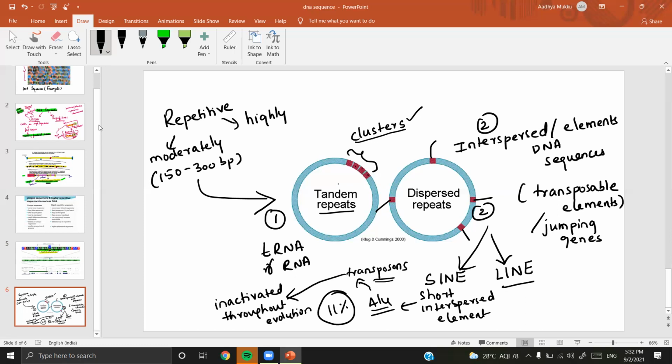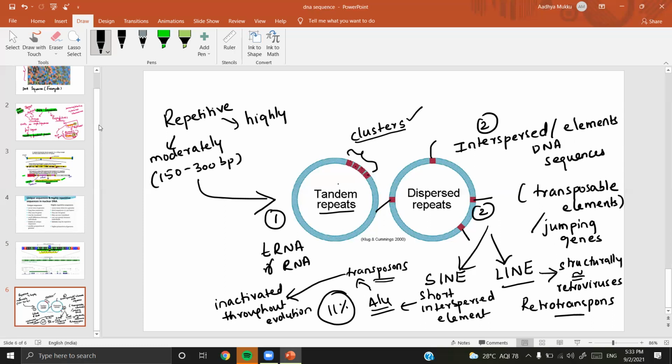Now, talking about the LINEs, the long interspersed elements, children, these are structurally very similar to retroviruses, and these are actually retrotransposons. What are retrotransposons?